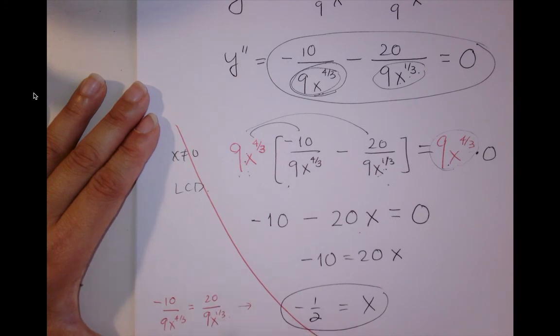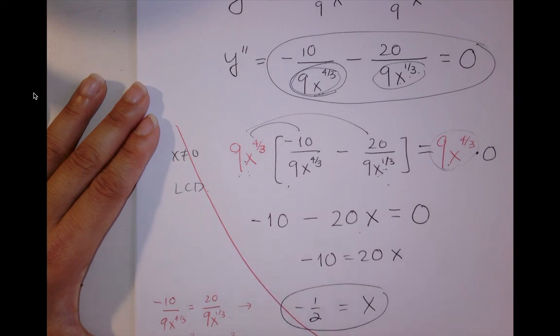And so for instance, here I have, if I divide both sides by 10, and then I multiply both sides by 9, I get something that looks like this. And then maybe what you can do is cube both sides of the equation, right?